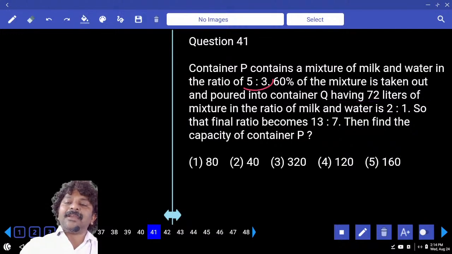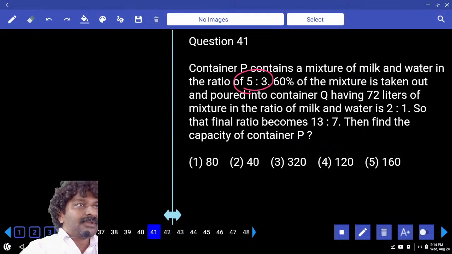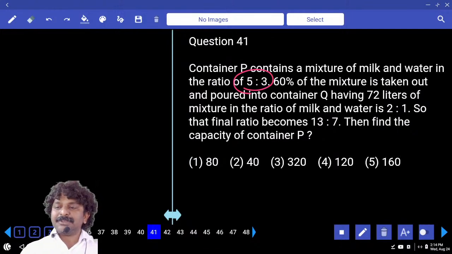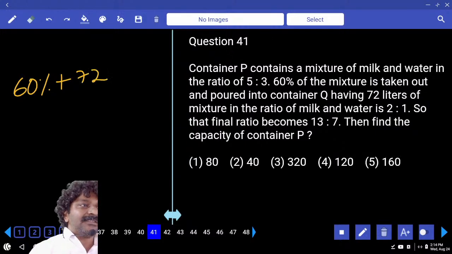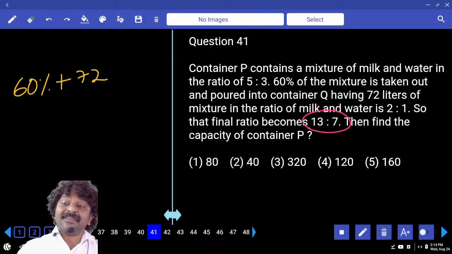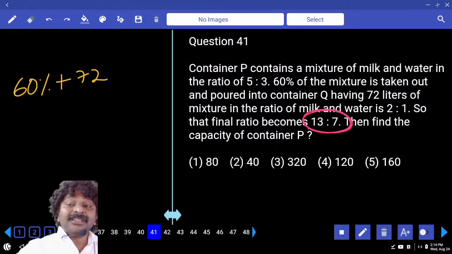Capacity of container P. How many total parts do we have? From the first condition, it has to be a multiple of 8. All the options are multiples of 8. Now the second logic comes into the picture. We are adding 60% of the quantity to container Q, in which we already have 72 liters. Then finally the ratio becomes 13:7 only. 13:7 in the sense, in total how many parts do we have? 20 parts, so the value should be a multiple of 20 only. That means it should end with 0 only.